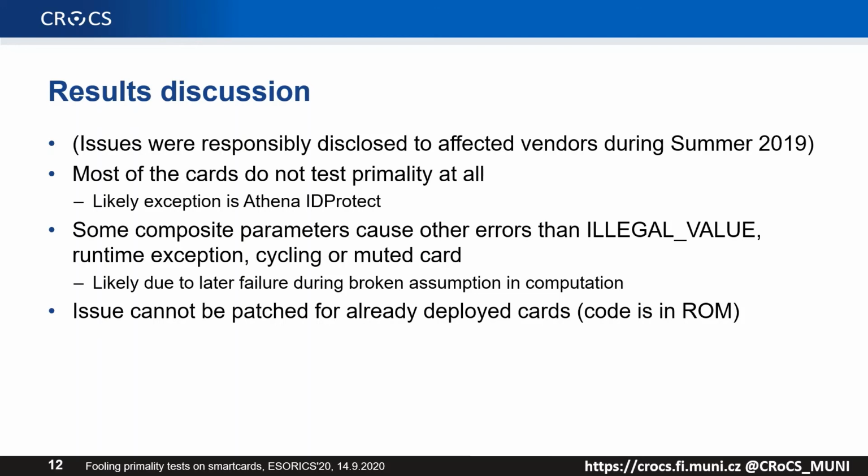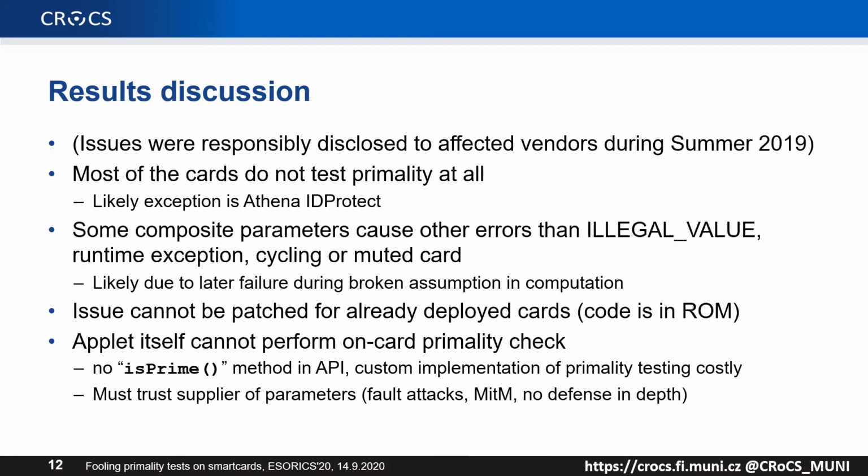So there are some obstacles. First of all, the code doing the implementation of primality testing and doing the checking of curve parameters is burnt in ROM. So for cards that are already deployed, frequently you can't update it. So you may say, okay, I can't update the code, but I can additionally check in my own applet code before I provide the values to the card.